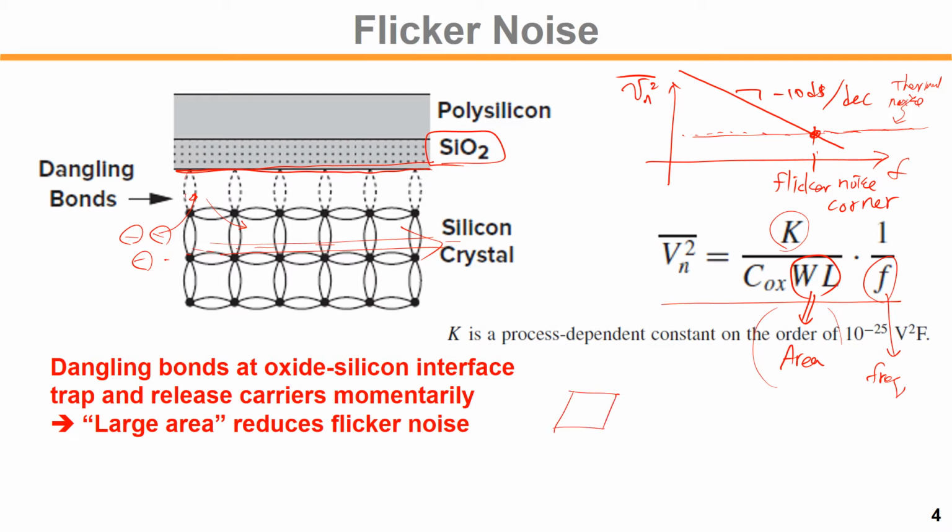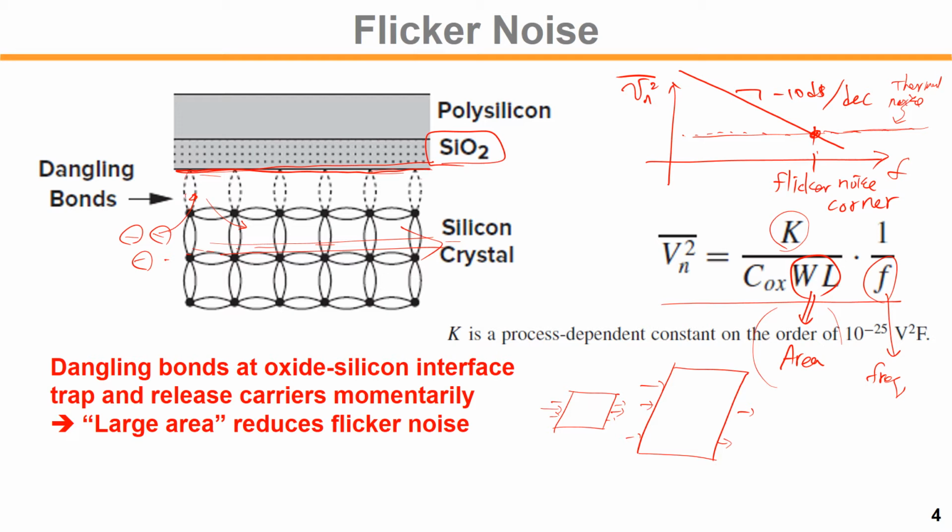So for the same device, if you draw it much larger, the random electron movement near the surface area is somehow averaged and it gets less noise.